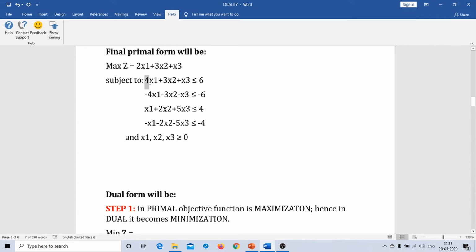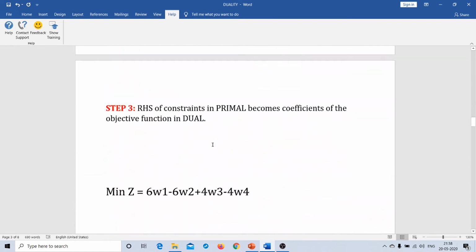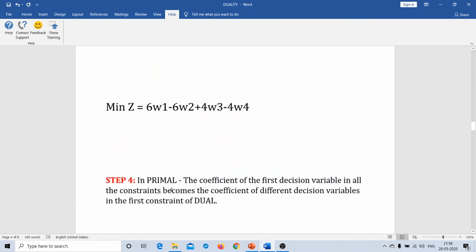So this is the coefficient of the first decision variable in the first constraint. So this is 4. This is the coefficient of the first decision variable in the second constraint. It is minus 4. Similarly, this is 1. This is minus 1. Got it? So 4, minus 4, 1, minus 1. This is the meaning of that. What happens to them? They become the coefficient of different decision variables in the first constraint of dual.